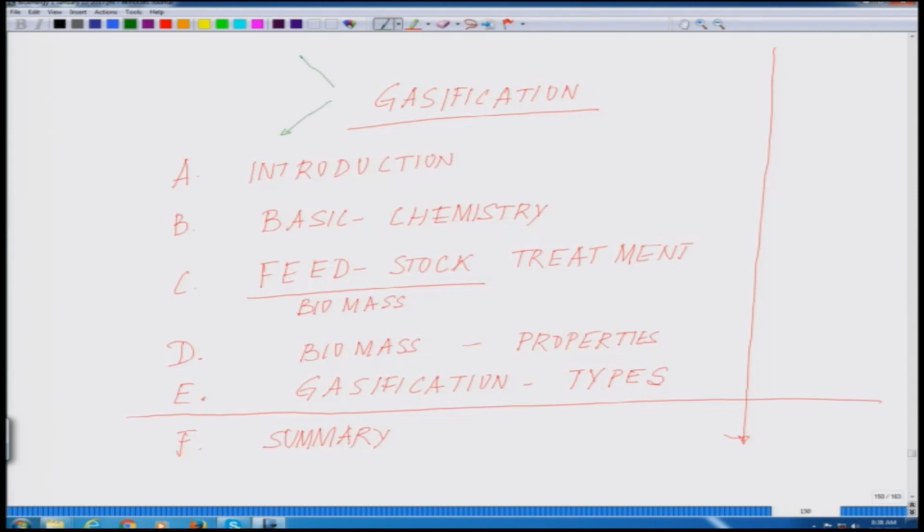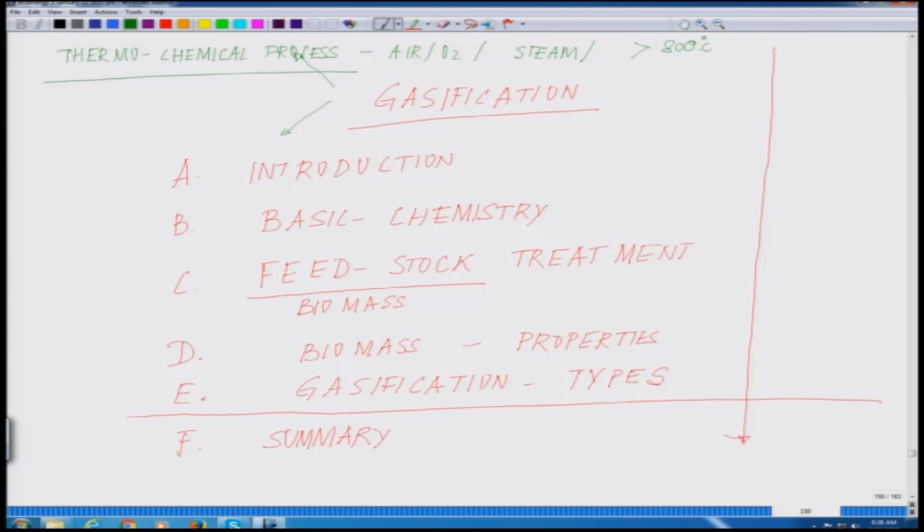One route is the one we are just now discussing, which is basically a thermochemical process, where you are giving high temperature and high pressure, and you are using air, we have already talked about it, you are using oxygen, you are using steam, at a temperature of more than 800 degrees centigrade.